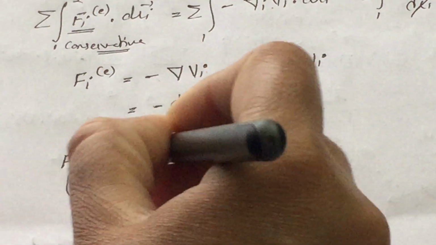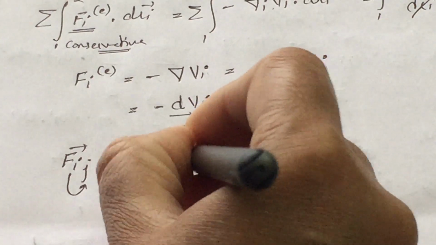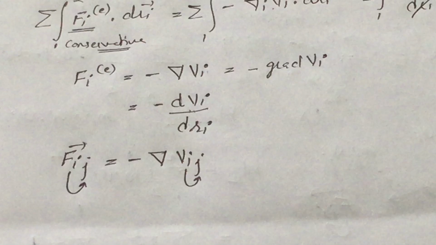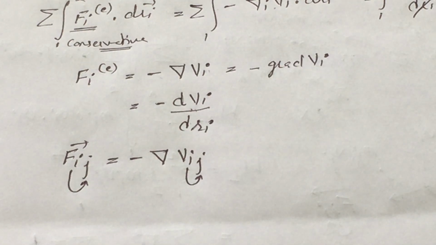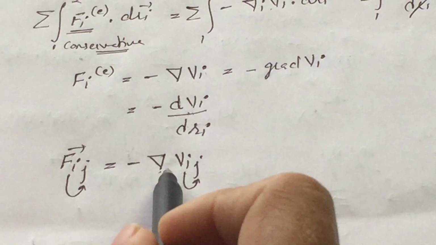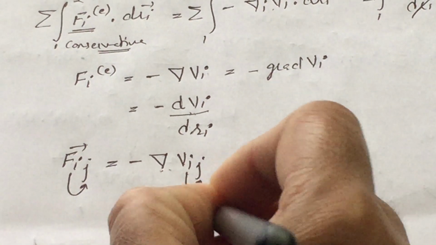Then we can represent it as a del operator of Vij, that is the potential energy on the jth particle due to the ith particle. Then how can we represent this?